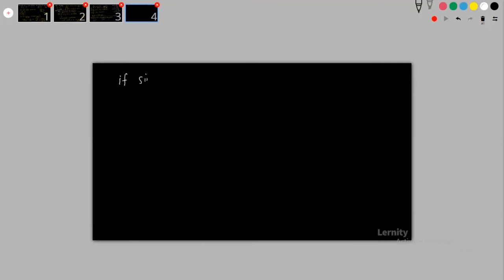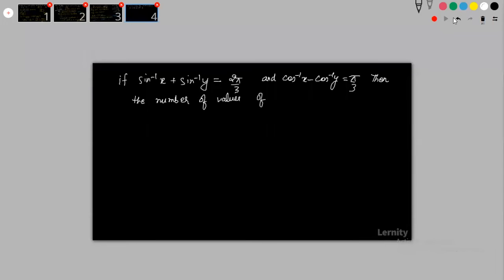If sine inverse of x plus sine inverse of y is equal to 2 pi by 3, and cos inverse of x minus cos inverse of y is equal to pi by 3, then the number of values of x comma y is, options are 2, 4, 0, 1.